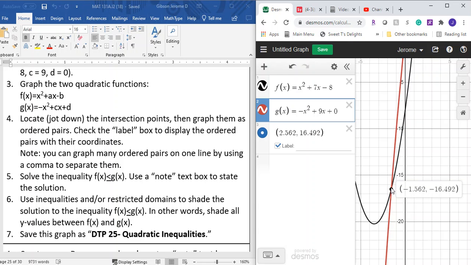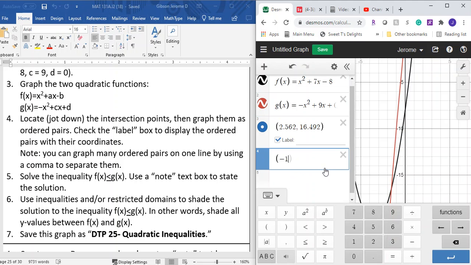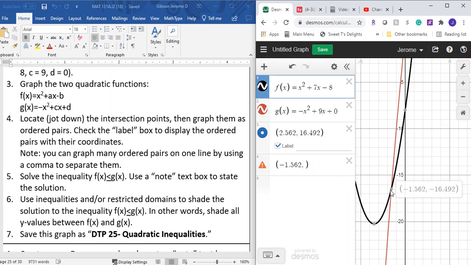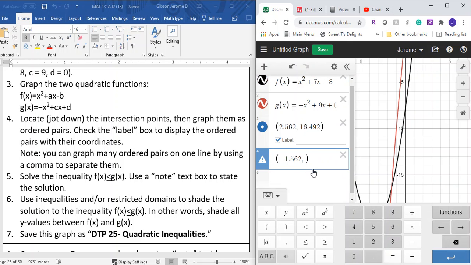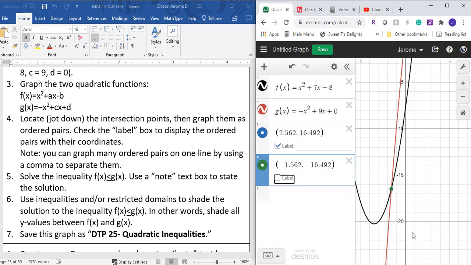This ordered pair is a negative 1.562 and then a negative 16.492. And then we will have our other point. So those are our two intersection points.